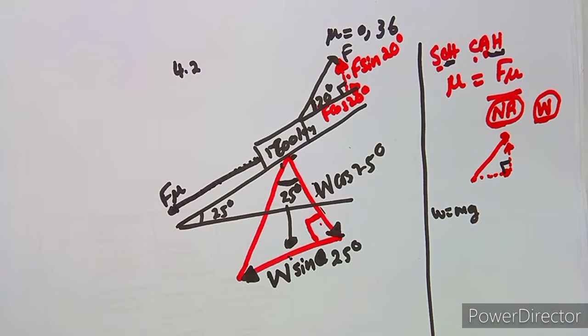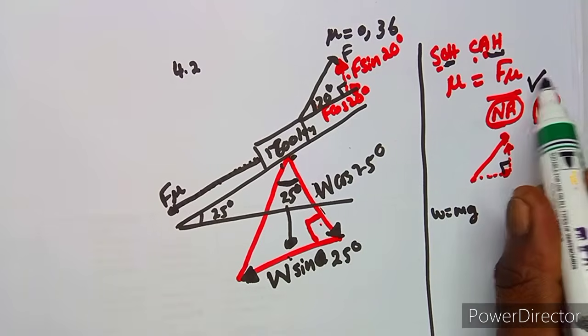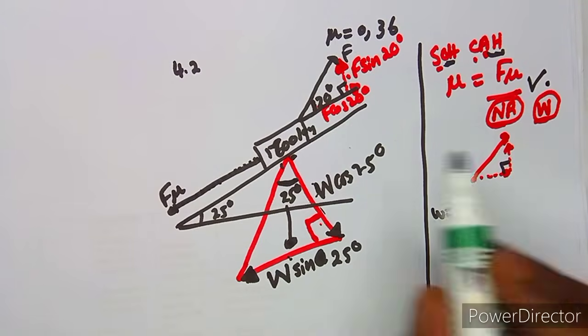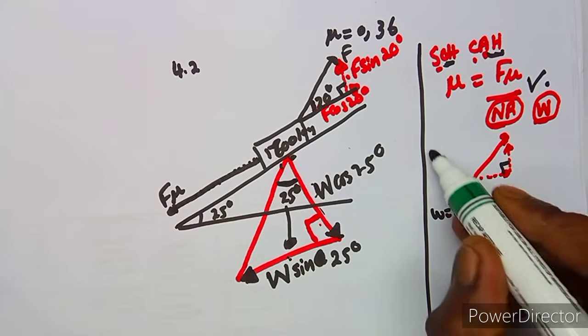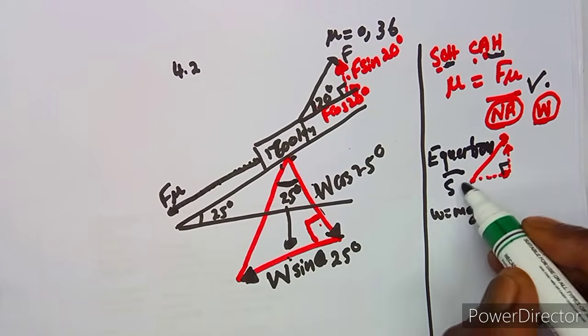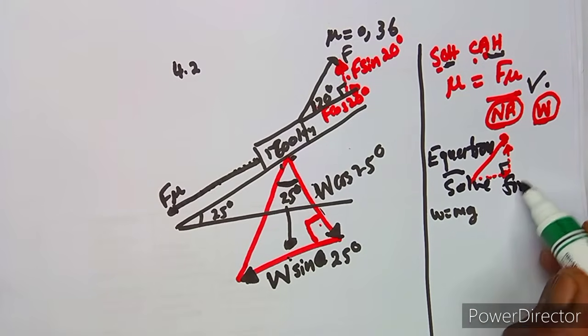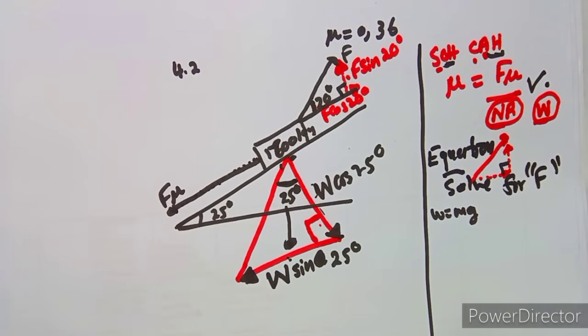All right, now I told you guys that this is the formula you're supposed to use in order to find F, because you're going to form an equation. Remember, whenever you have an equation, you can solve for the unknown. In this case, our unknown is F. So let's formulate the equation. How are we going to formulate the equation?